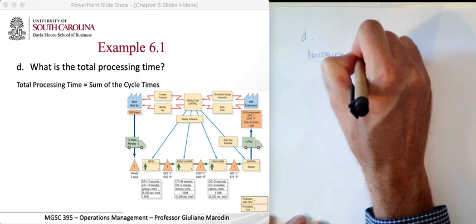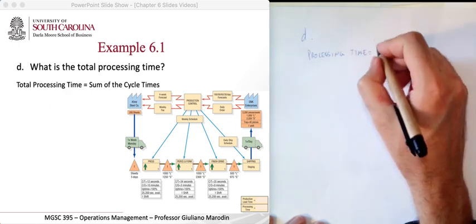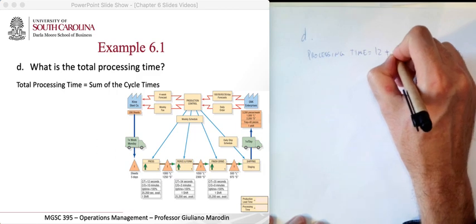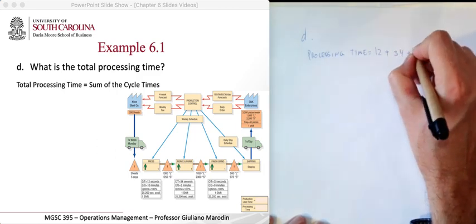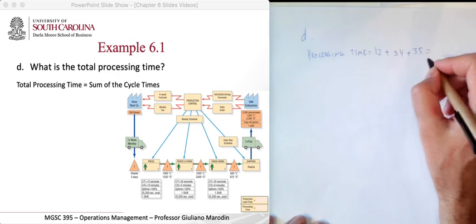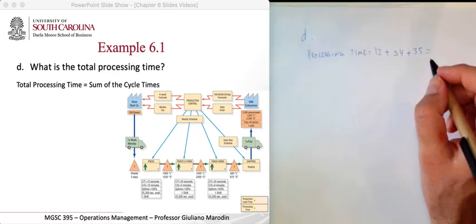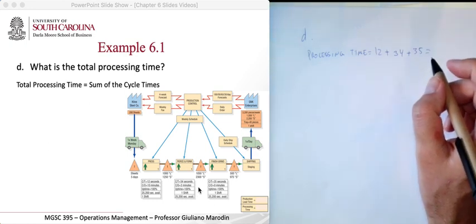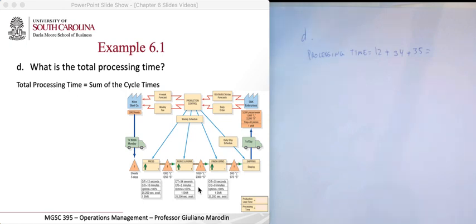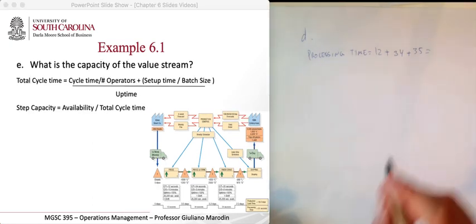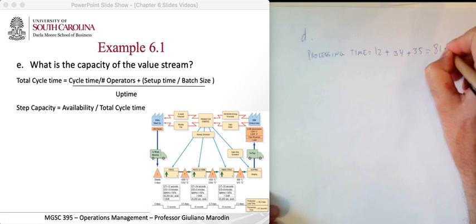So processing time equals 12 plus 34 plus 35, and I can do that because I'm only doing one product at a time. Processing time is the time you're adding value, one step after the other, to one product, and then it leaves. That's an easy way to calculate it, and that is 81 seconds.